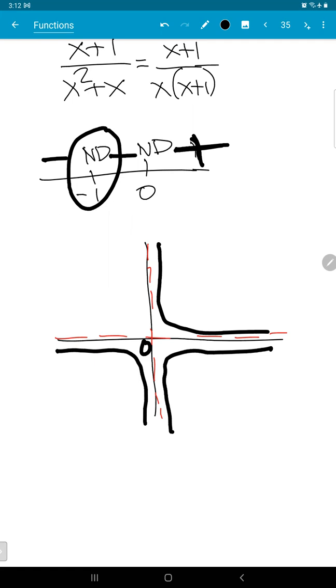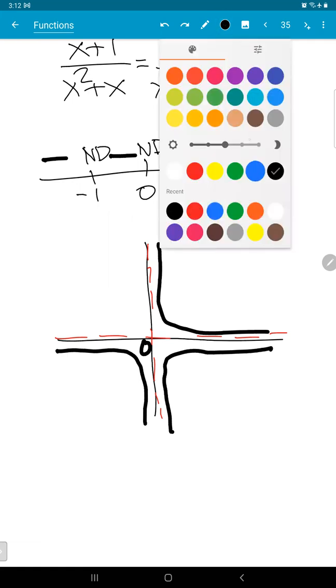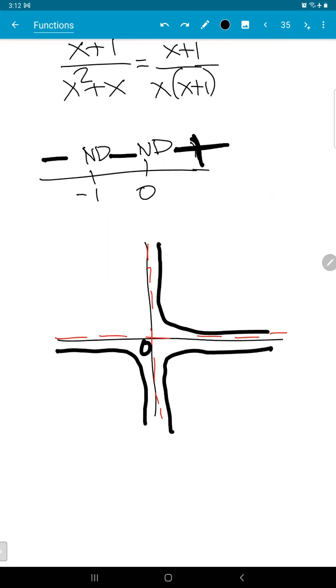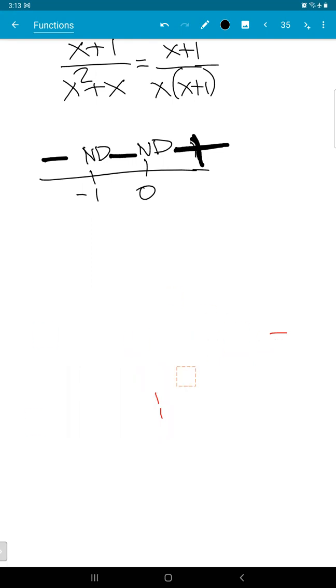So you remedy that by putting a hole at x equals -1. Okay, let me continue. And then you look at the sign chart at the right side of 0. So you have that. And if you sketch the graph quickly, ito siya.